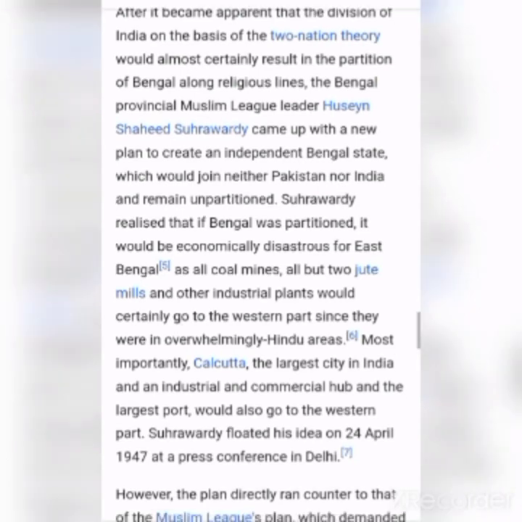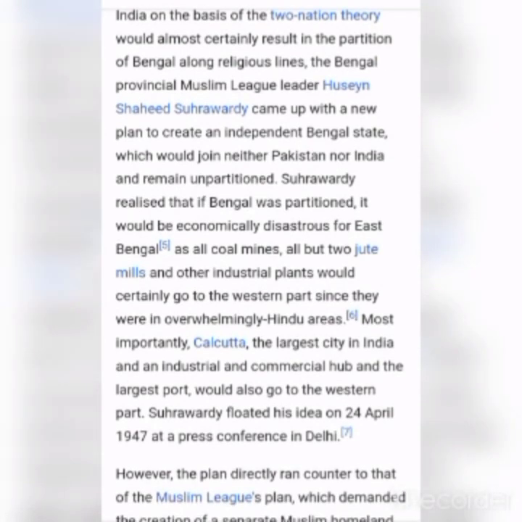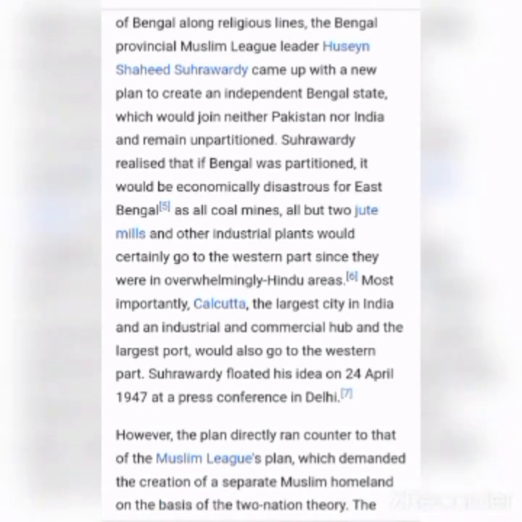Suhrawardy realized that if Bengal was partitioned, it would be economically disastrous for East Bengal. As well, coal mines, all but two jute mills and other industrial plants would certainly go to the western part since they were in overwhelmingly Hindu areas.